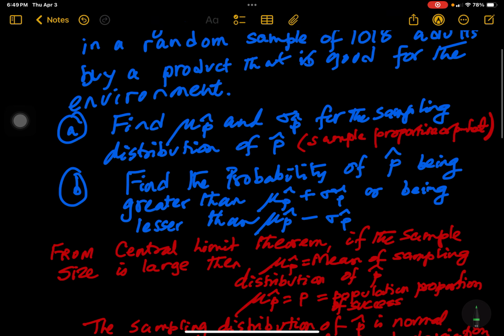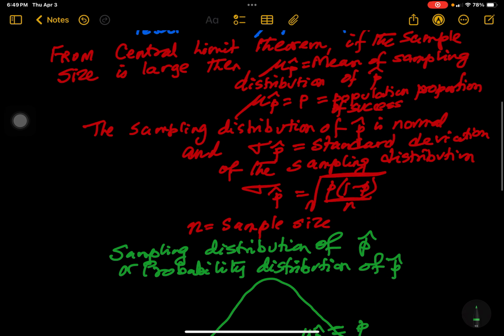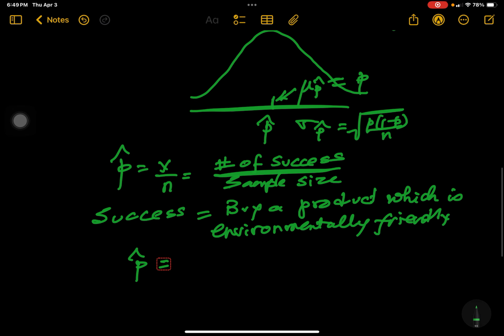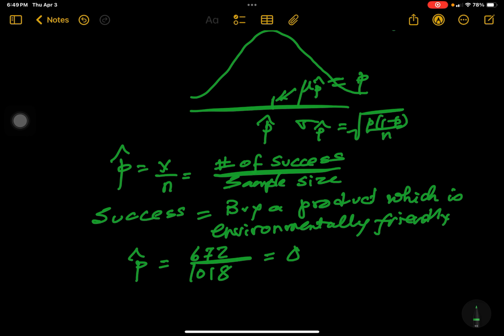If we read the problem, 672 Americans in a random sample of 1018 buy a product that is good for the environment. So 672 is the number of successes out of the sample size of 1018. We will use our calculator to estimate p hat, which is 672 divided by 1018, which is 0.6601.